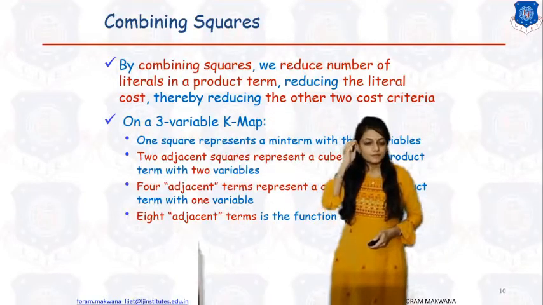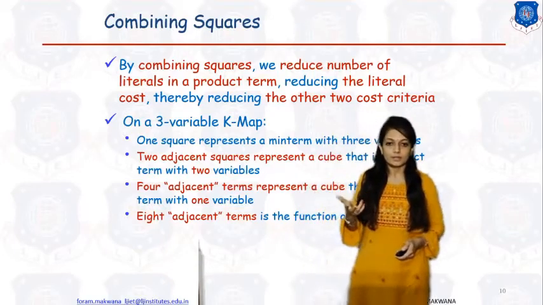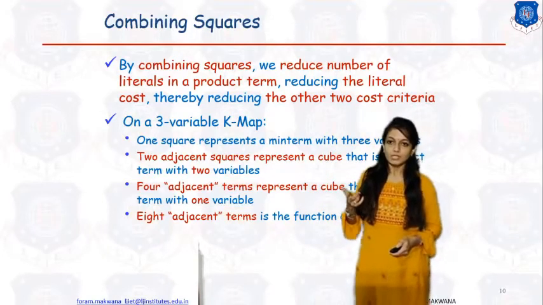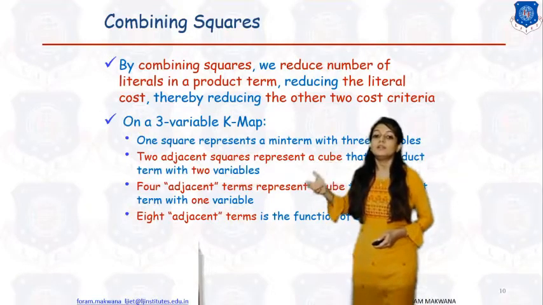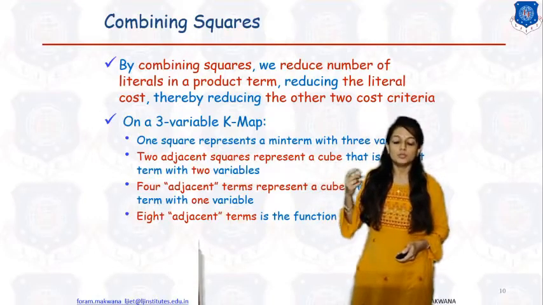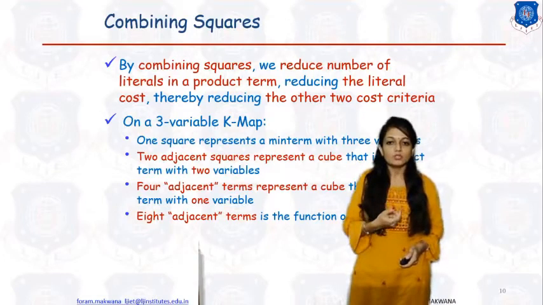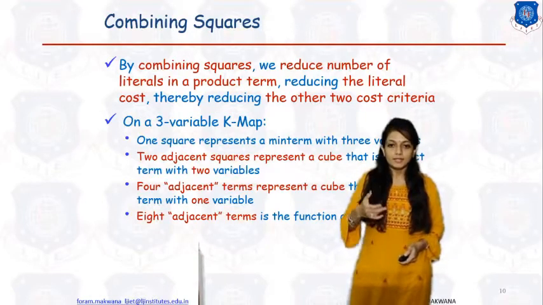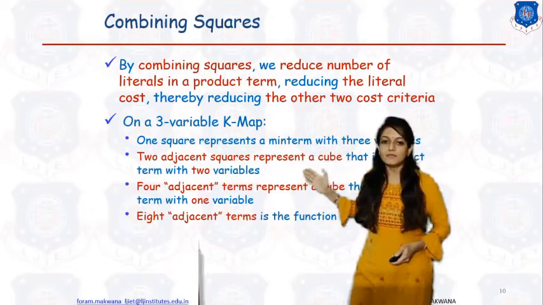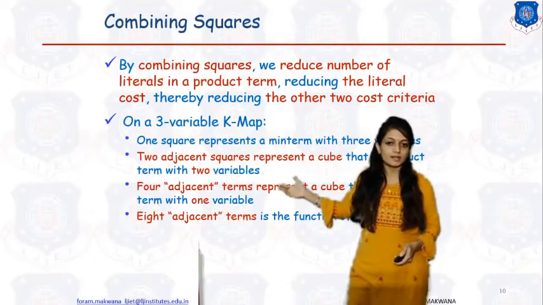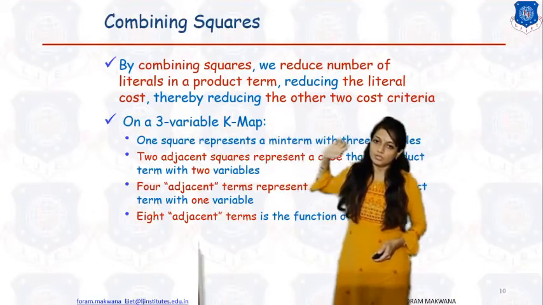Apart from that, by combining the squares, we are able to reduce the number of literals in a product term. Right? What is the meaning of reducing the literal? Ultimately, we are going to reduce the min terms. Okay? If the min terms are going to reduce, ultimately we need a smaller number of gates to implement the Boolean function. As fewer gates are there, the ultimate cost of the circuit will reduce.